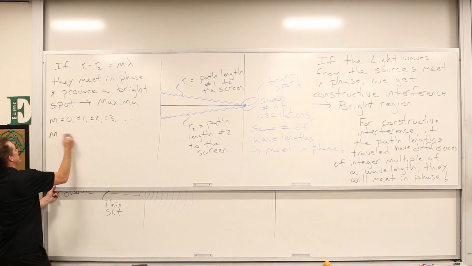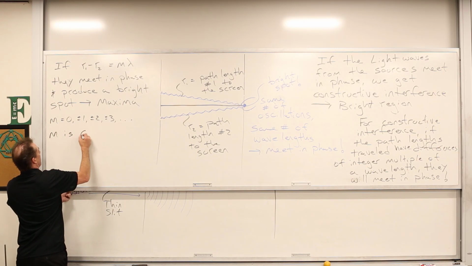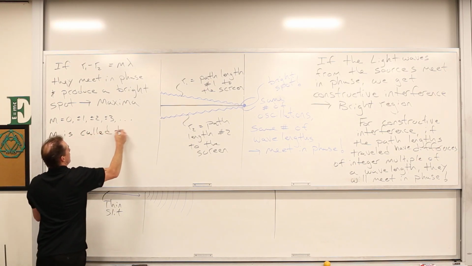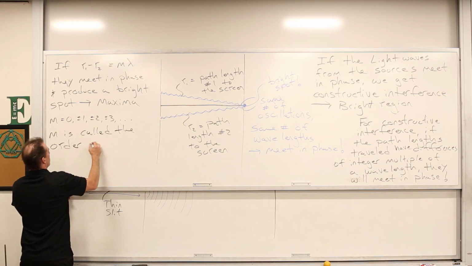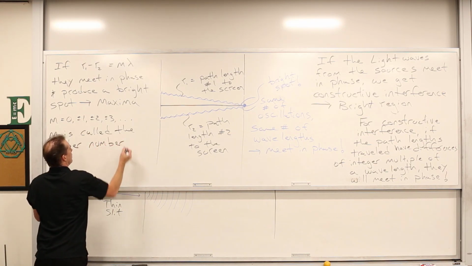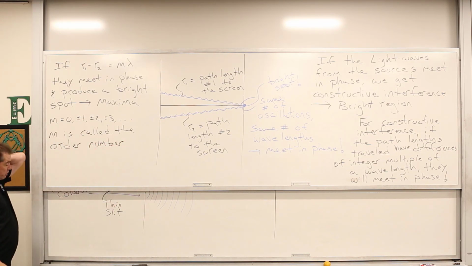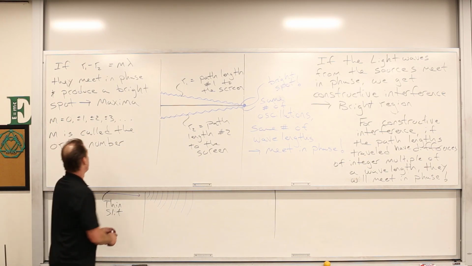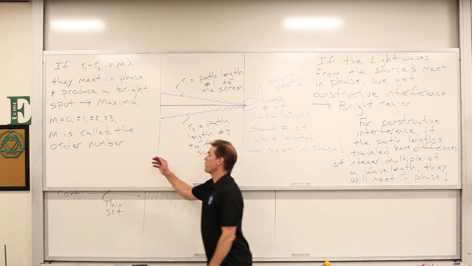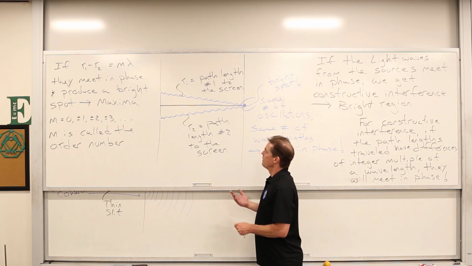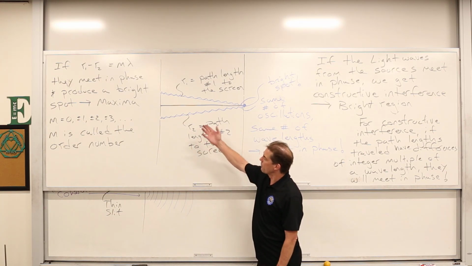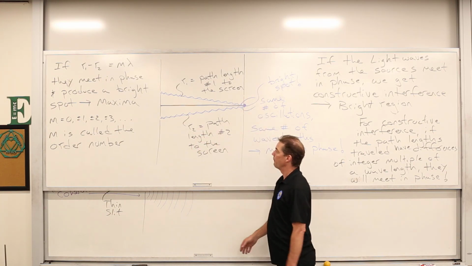Anyways, m is called the order number. And what we can then reference is the different maxima in terms of their m value. We could say the 0th order maxima, the 1st order maxima, 2nd order maxima, 3rd order maxima, and such things. So we call them order numbers so that we can reference which one we're talking about.